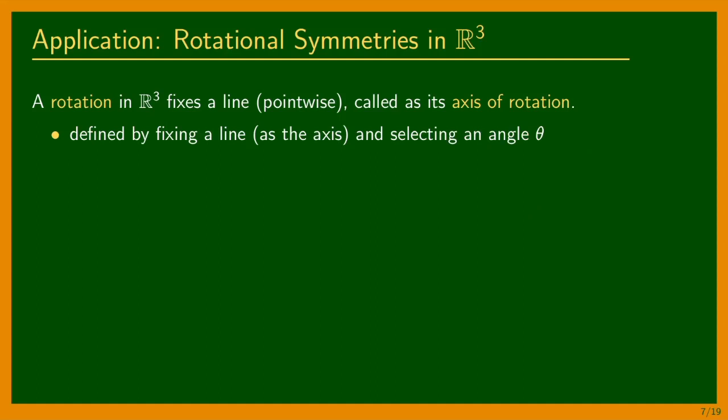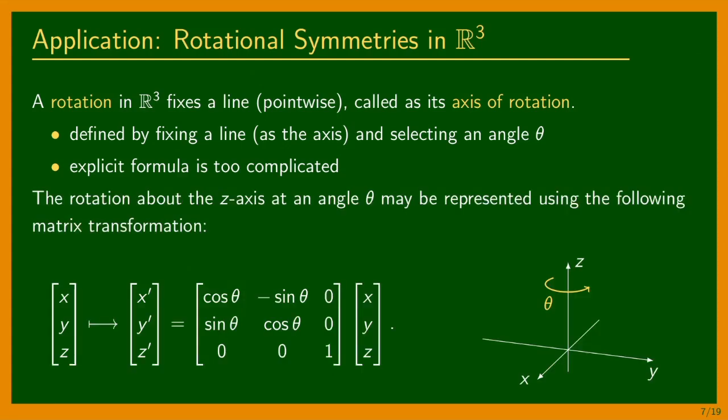It can be defined by fixing a line as the axis and selecting an angle theta, yung amount ng rotation na gagawin nyo. Of course, may mga formulas available, but the explicit formula can be a little complicated. It uses a lot of trigonometric functions and matrices. As an example, the rotation about the z-axis at an angle theta may be represented using the following matrix transformation.